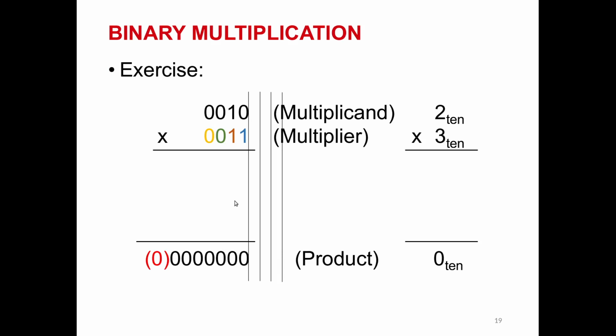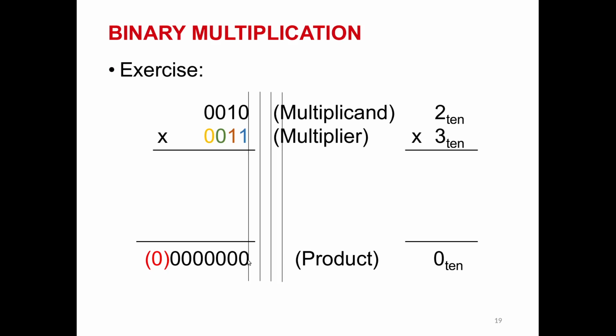But at this time, instead of shifting the multiplicand one bit by one bit further to the left, we can see that if we shift the product one bit to the right into some available space, the value will not change at all.